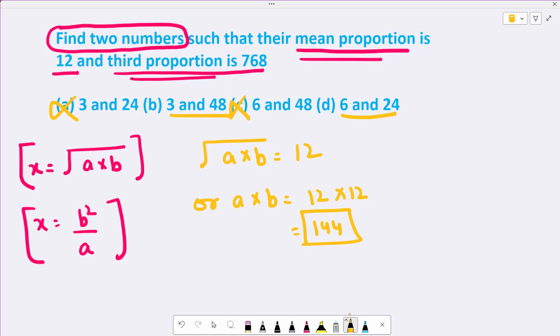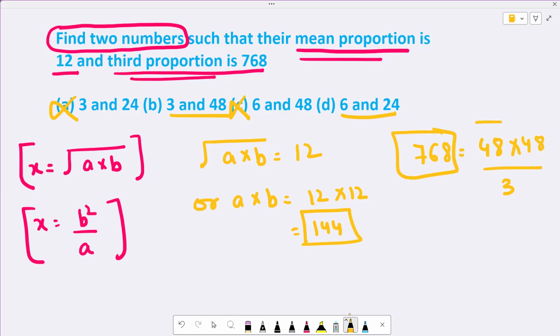Now they are saying what will be the third proportion. So the third proportion we'll have to check. Third proportion is 768, which means that 768 will be equal to b square divided by a. So we can try putting here 48 multiplied by 48 and we can have 3 here, right? Because that is what it actually means.